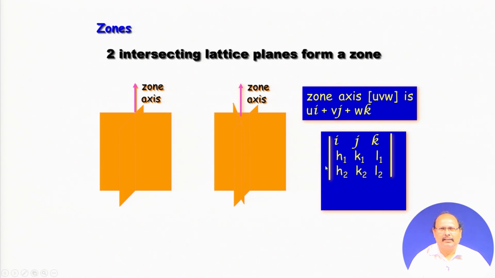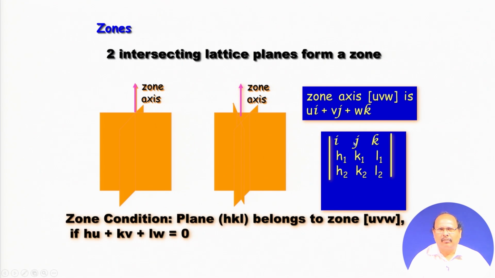If they lie in a zone which is determined along the A, B, C or i, j, k direction, then you can write within this symbol here, and you can calculate the value of u corresponding to i, the value of v corresponding to j, and the value of w corresponding to k. So, that I will show you shortly here.